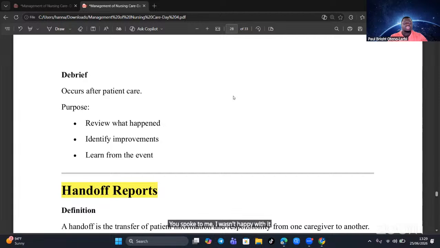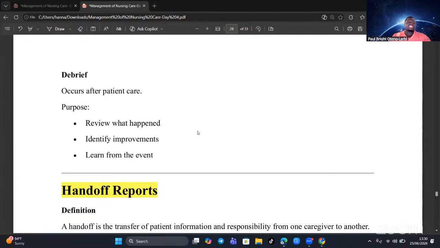We were supposed to give adrenaline at such and such a time, but it was delayed. You were supposed to do effective CPR, but you couldn't do it well. So you review what happened, identify improvement, then you learn from it, so that next time we are not going to do that again. That is called debriefing. All these form our team steps.